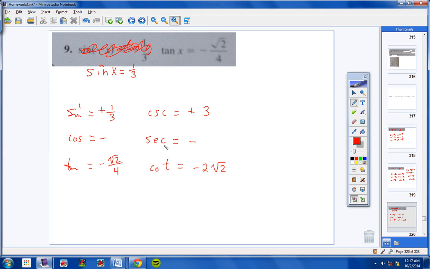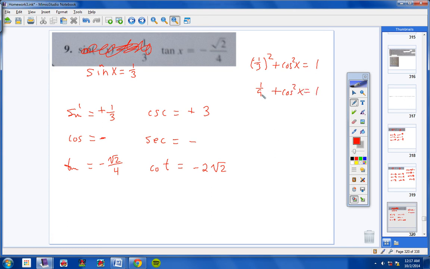All right, now we're looking for cosine, and I've got sine, so real quick, I'm going to say sine squared, so 1/3 squared plus cosine squared equals 1. Okay, square 1/3, you get 1/9 plus cosine squared equals 1.